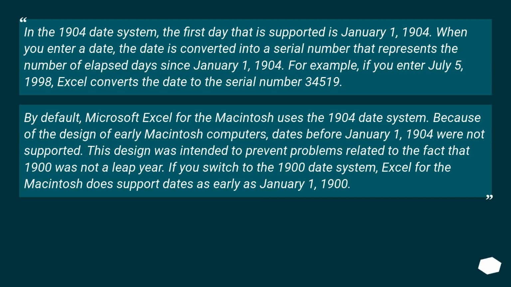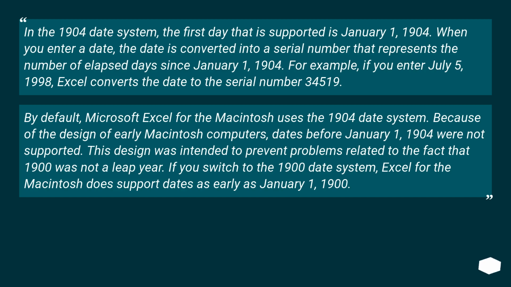When you enter a date, it is converted into a serial number that represents the number of elapsed days since January 1, 1904. For example, if you enter July 5, 1998, Excel converts the date to the serial number 34519. By default, Microsoft Excel for the Macintosh uses the 1904 date system.